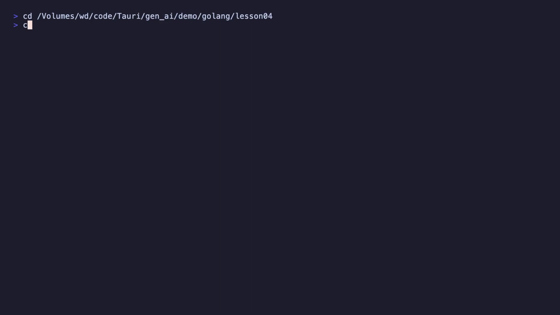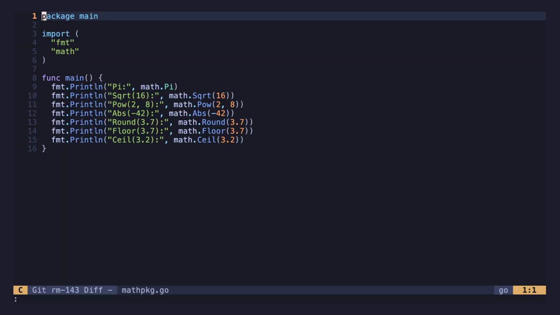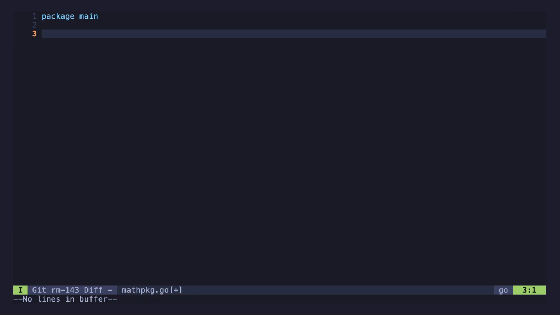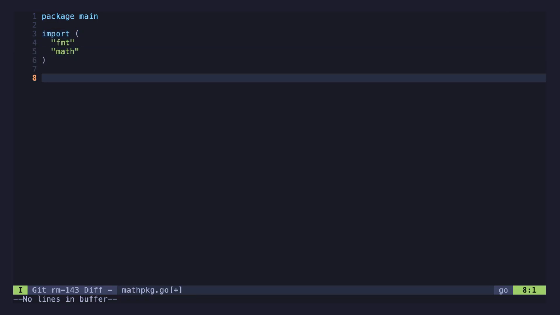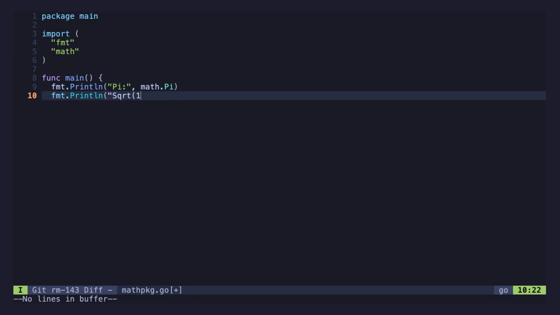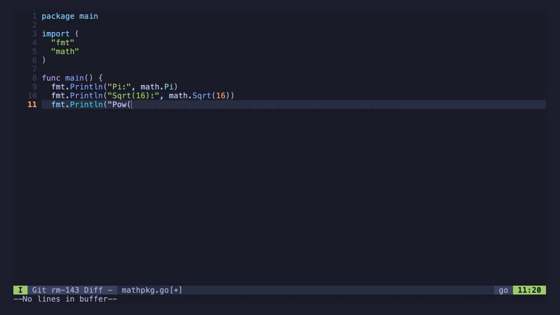The math package provides mathematical functions and constants. We import both fmt and math packages. Math.Pi gives us the constant pi. Sqrt calculates square root.